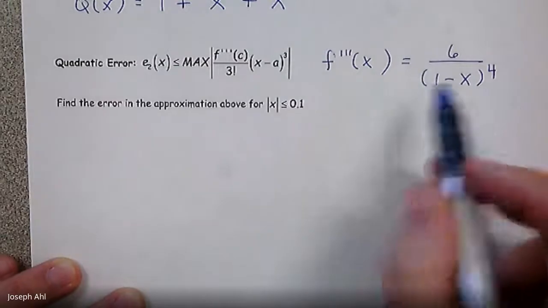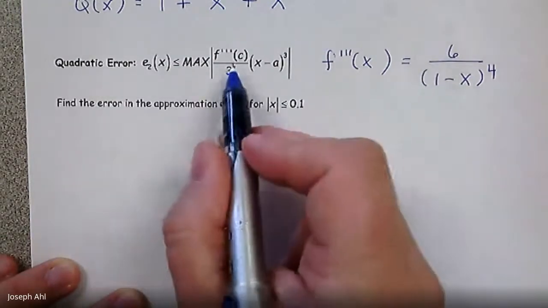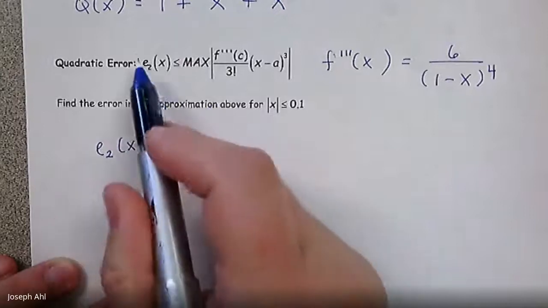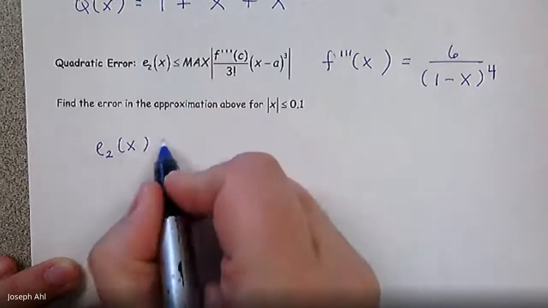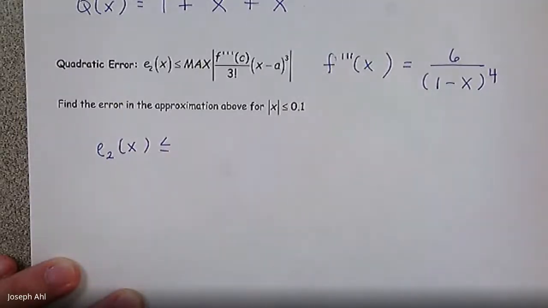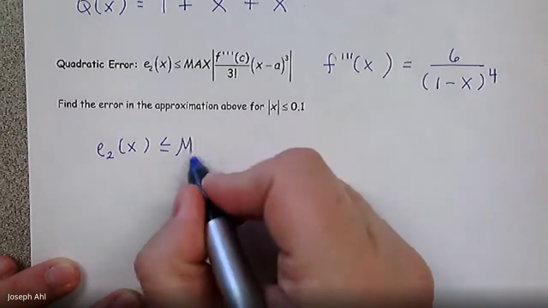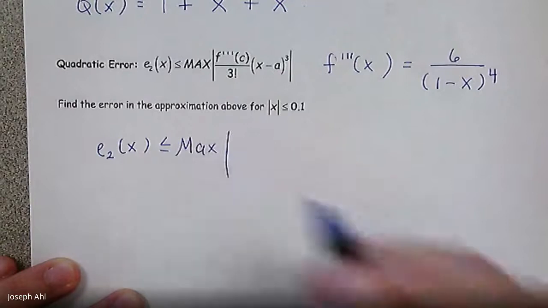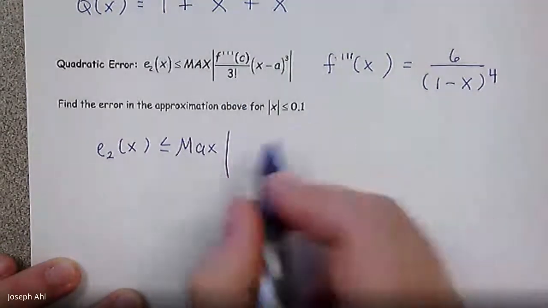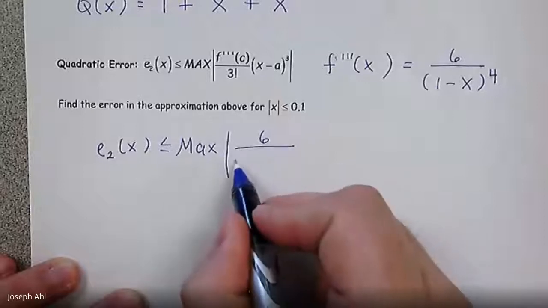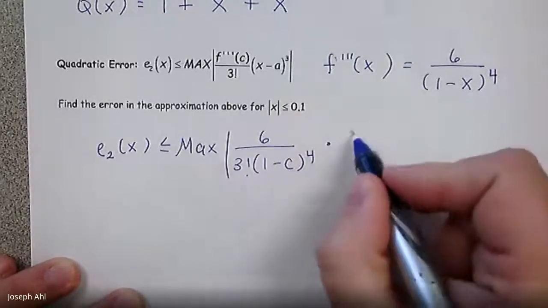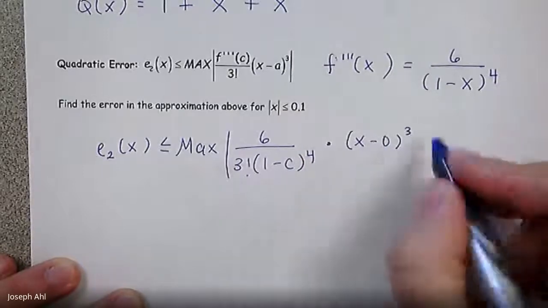Now keep in mind, we're dividing this by 3 factorial. So when I come over to write the max error, notationally E sub 2 of x, we're talking about the error in that second degree approximation, that quadratic approximation, is less than or equal to the max of this derivative at c divided by 3 factorial, which is 6 over 3 factorial times (1 minus c) to the 4th, times x minus 0 cubed.